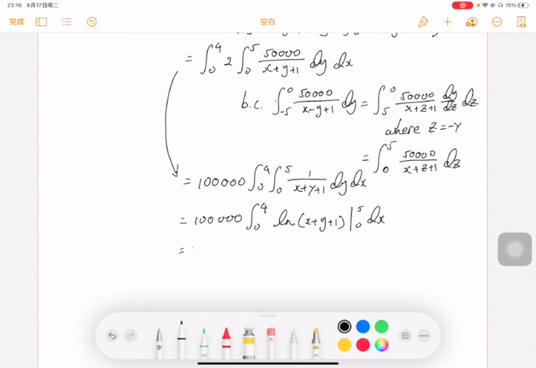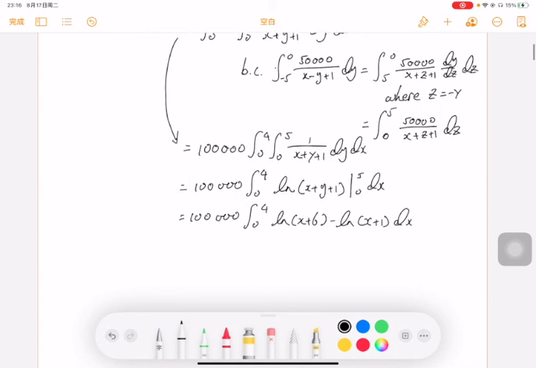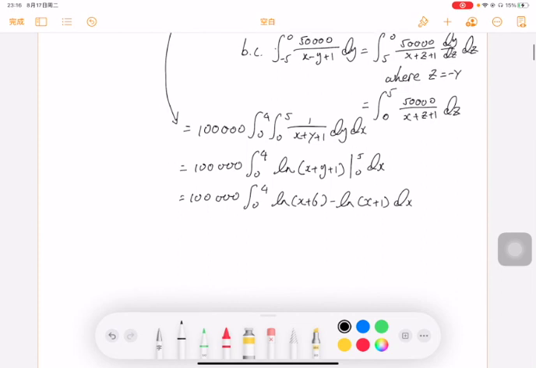All right. So this is ln of x plus 6 minus ln of x plus 1. All right, integrate this.